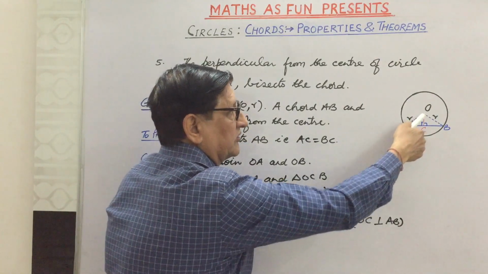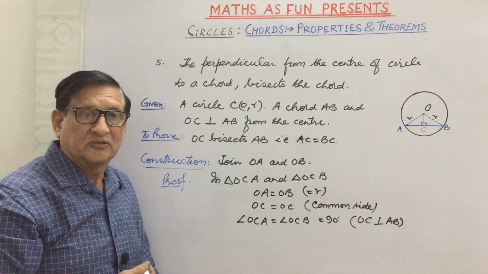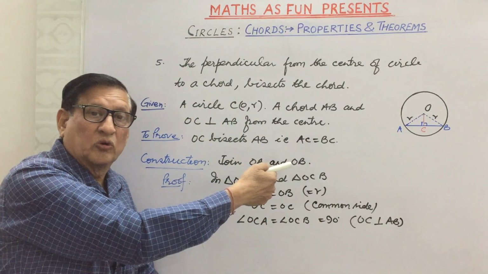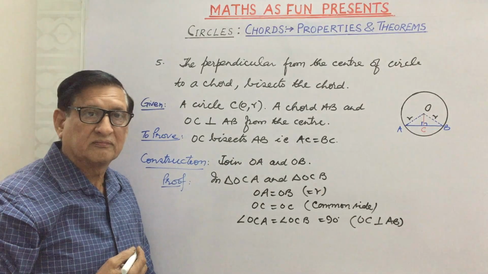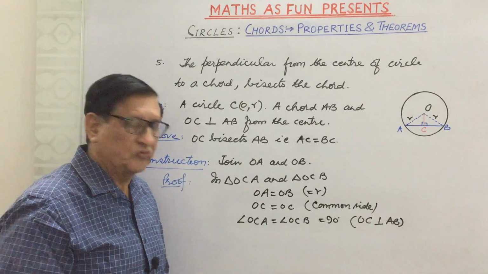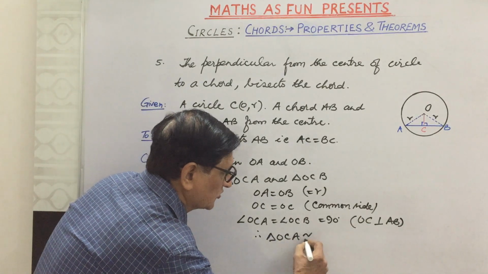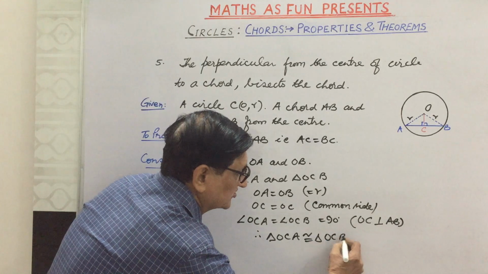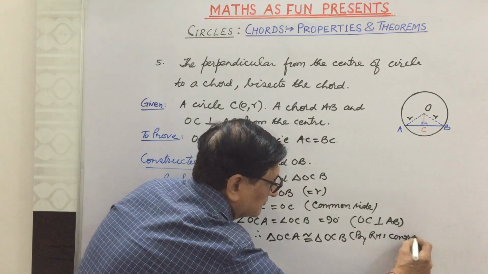These are the hypotenuse of both and one of the sides. So can we say that they are congruent by RHS congruence? Yes. Therefore, triangle OCA is congruent to triangle OCB by RHS congruence.